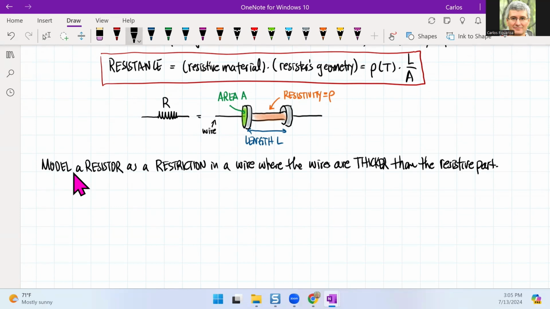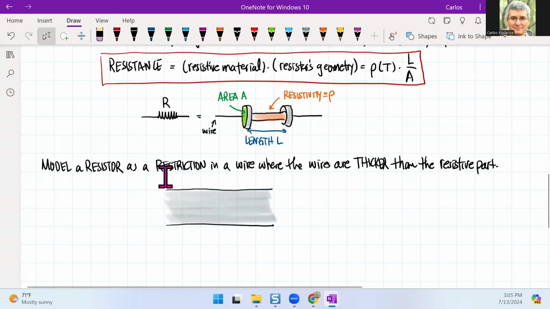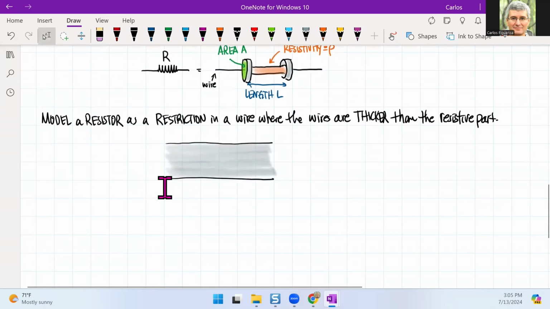So to get a sense of this, let's imagine something like this. Imagine that we have a wire. So here's my wire, and there's no restriction here. And now what I'm going to do is insert a resistor.